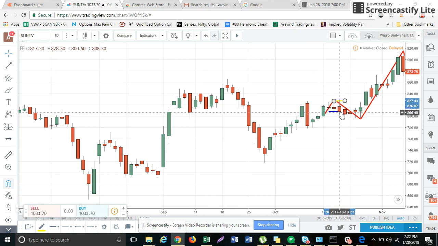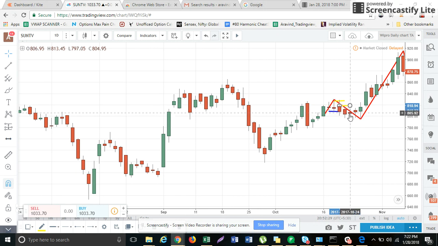The next day, which is on 23rd, it made another swing low. So we simply update our trailing stop loss to the next swing high of that swing low candle, which is 816 levels.